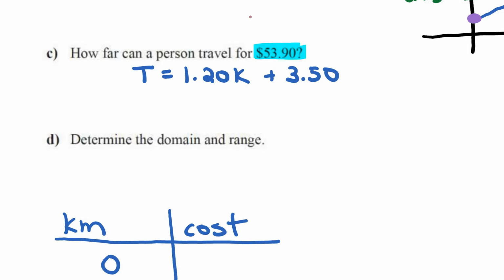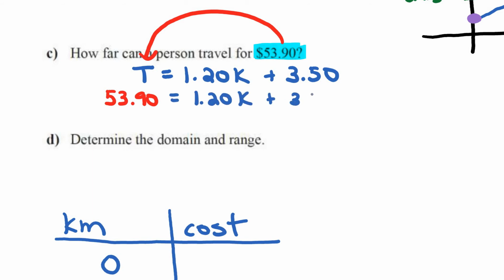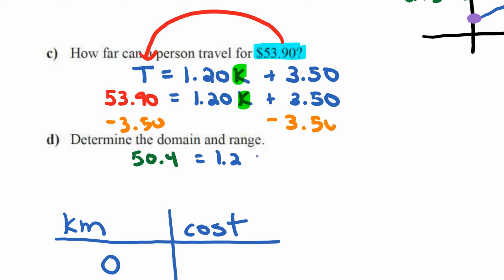I plug $53.90 in over here, so $53.90 equals $1.20K plus 3.50. My goal is to find how far, which is measured in kilometers. I want to find the value of K. So I can subtract 3.50 from both sides. 53.90 minus $3.50 is $50.40, which equals $1.20K, and then I can divide both sides by $1.20.